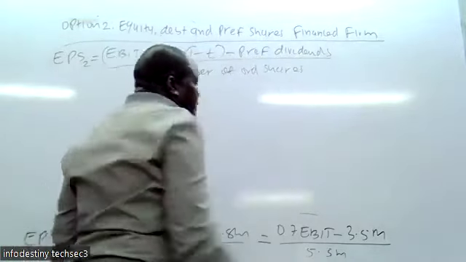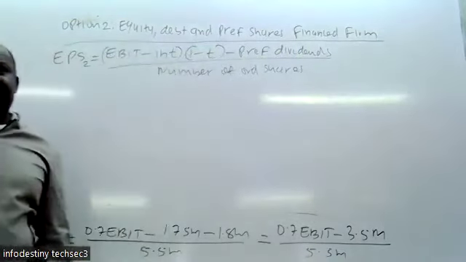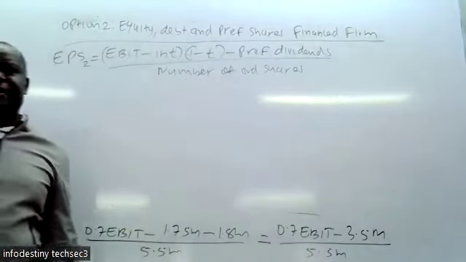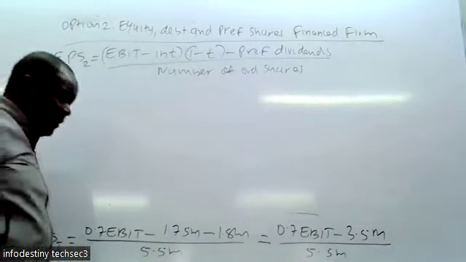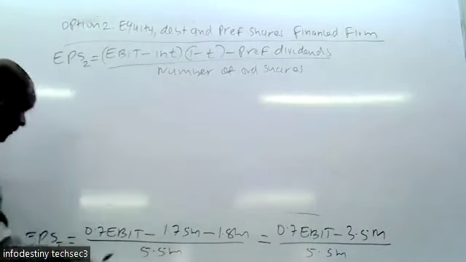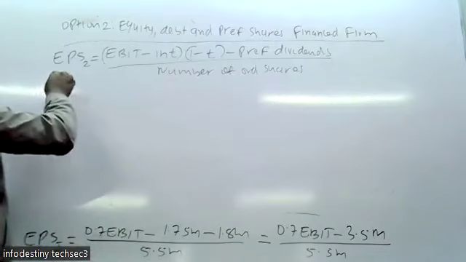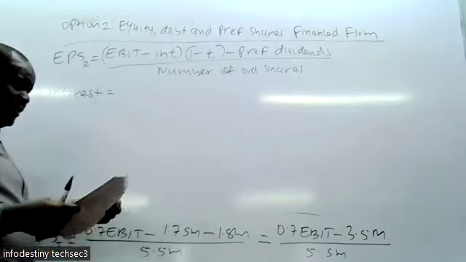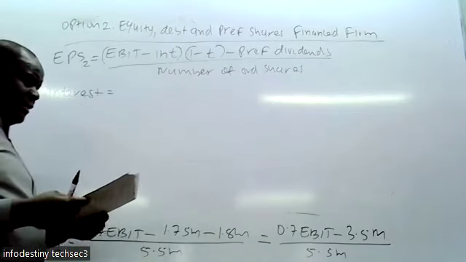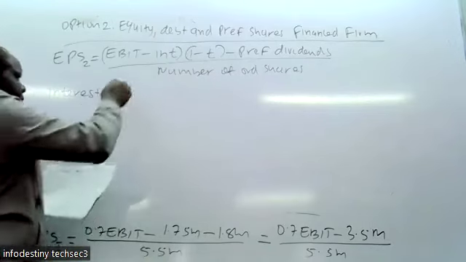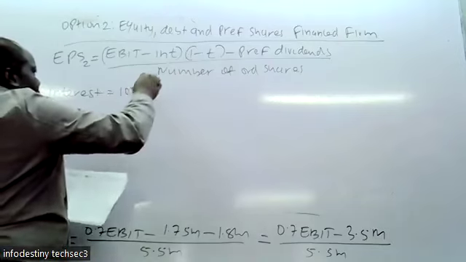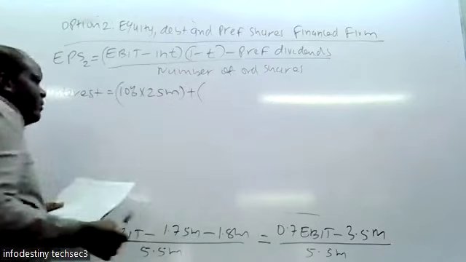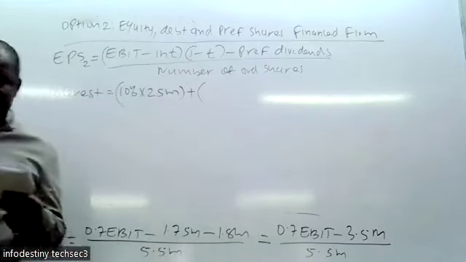We start off with interest. Currently, it is 10% of 25 million. So we are supposed to add the other one.